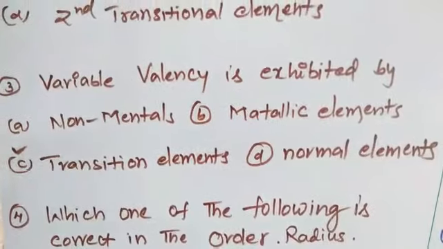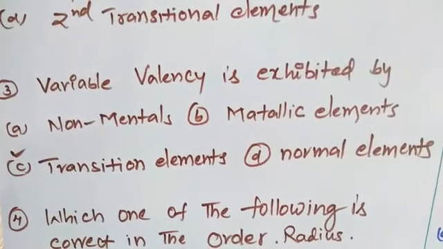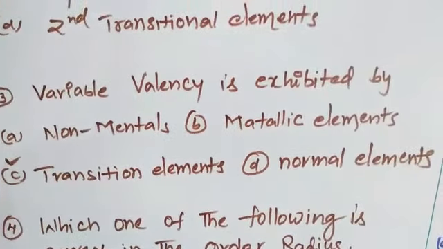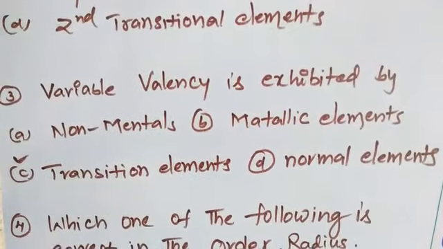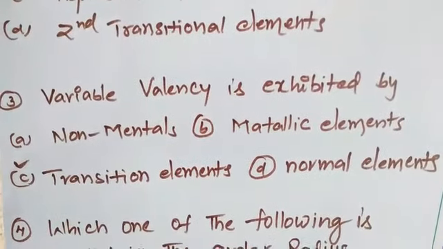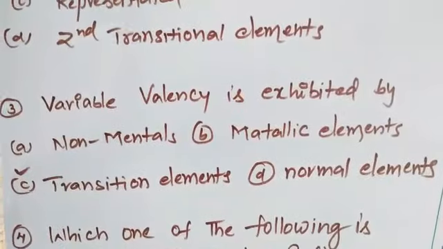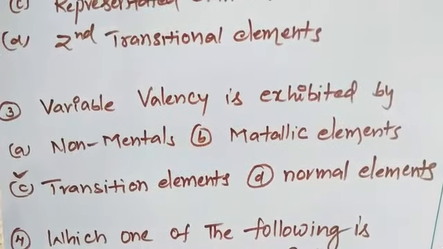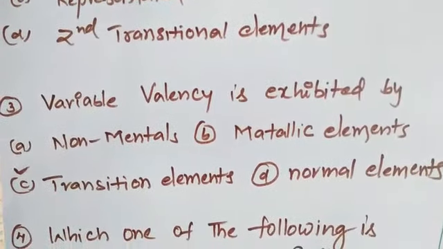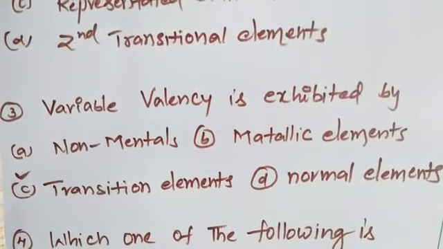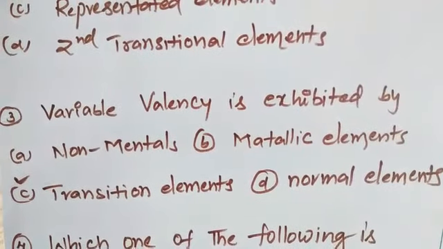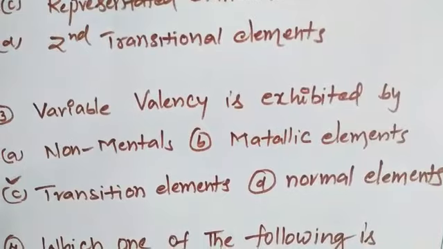Next one, variable valence is exhibited by. It is also given, which one of the elements can exhibit more valency. Here the options are non-metals, metal elements, transition elements and normal metals.